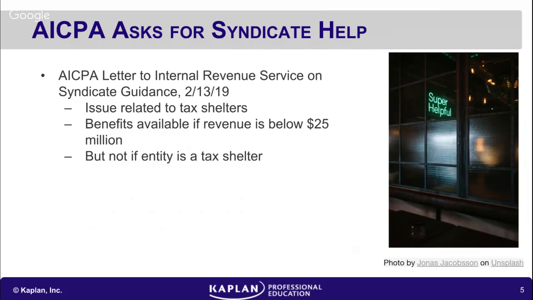But the real problem we have is this concept of a thing called a syndicate. A syndicate, one of the three tax shelters that they list, exists whenever 35% or more of the losses are allocable, according to the code, allocated, according to the regulations, to limited entrepreneurs.